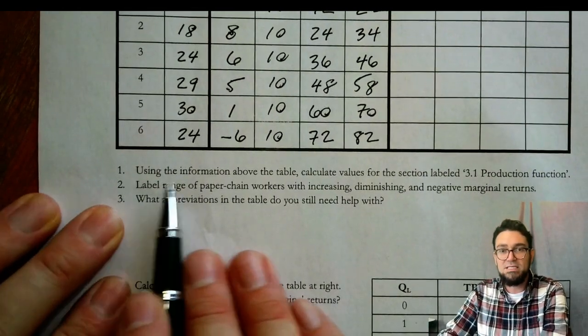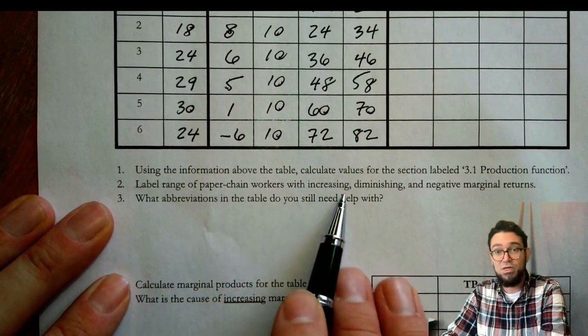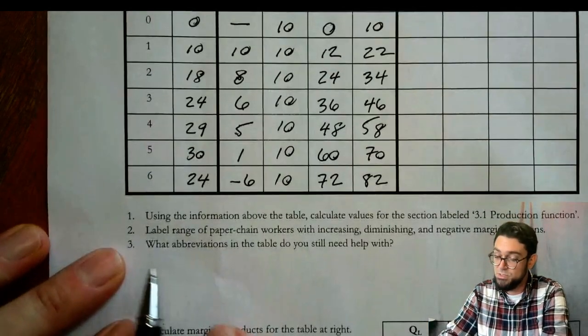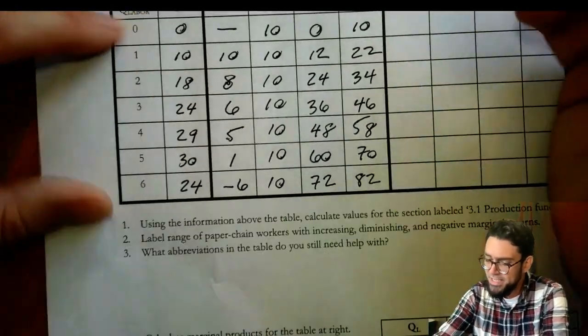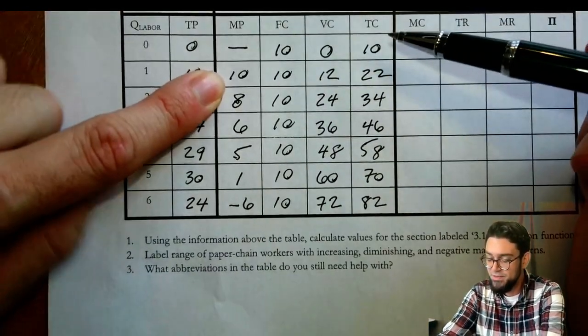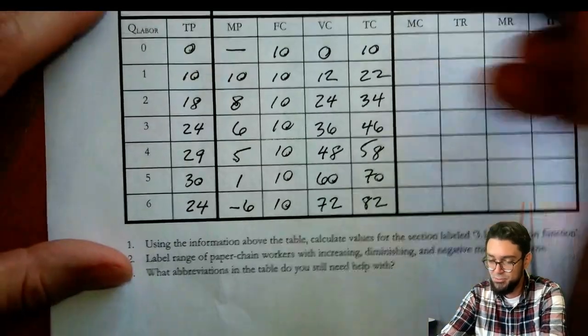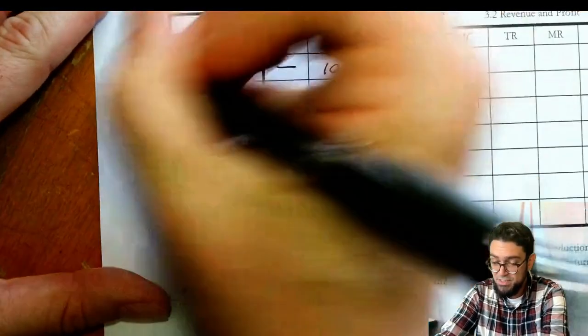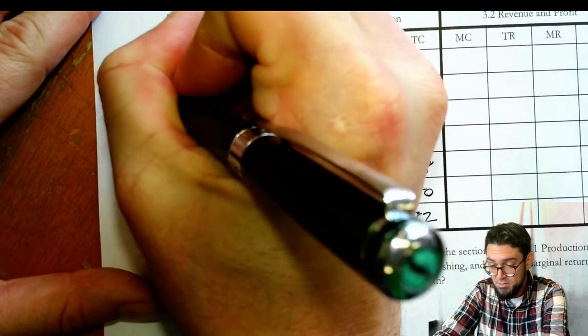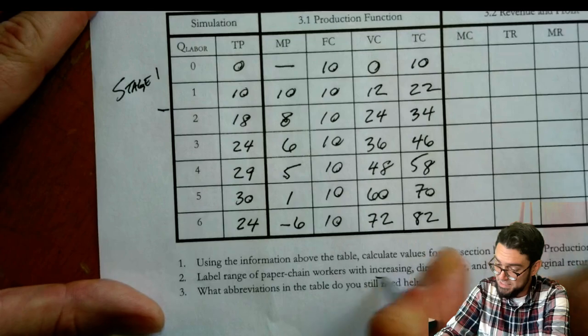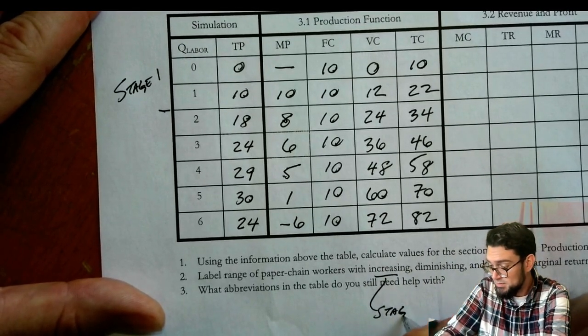Now, number 2 says label range of paper chain workers with increasing, diminishing, and negative marginal returns. So we're going to go ahead and do that. Increasing marginal returns, well, that's actually not happening with these. So with this first one, this is stage 1, right? So we're going to say here, stage 1.